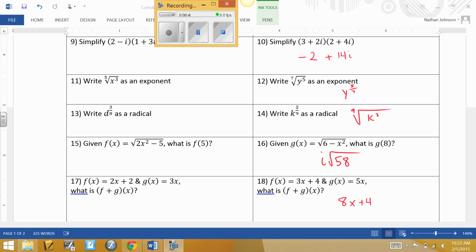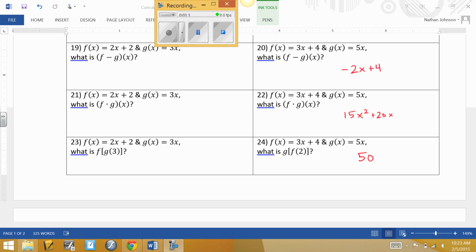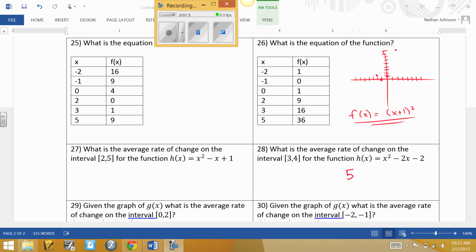All right, next 5. And the last 3 on the first page. All right, flip the page, problems 26 and 28.